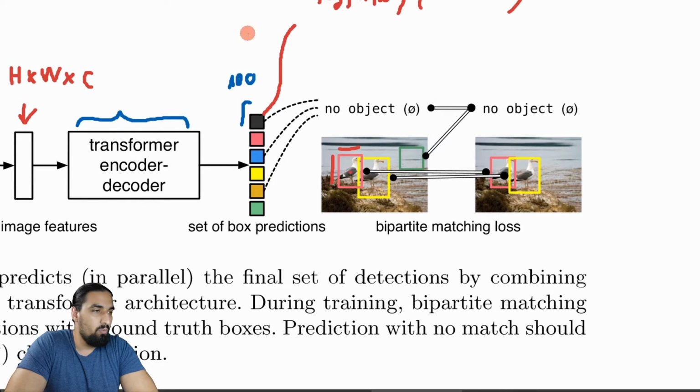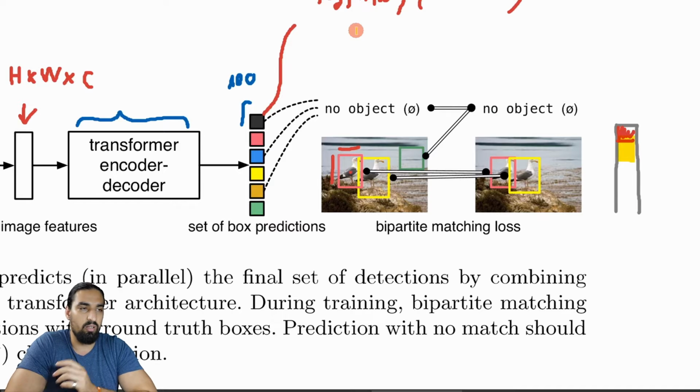So basically, if we focus on the ground truth, the ground truth here will be something like this. Let me just draw it like this. We'll have a bunch of outputs, and let's say this red box is the first output in the ground truth, and then the second output will be maybe this yellow one. I'll just denote it like this. So these will be the two outputs, and then we have a bunch of these no object proposals.